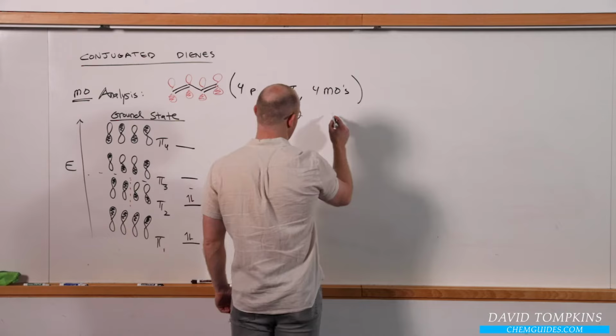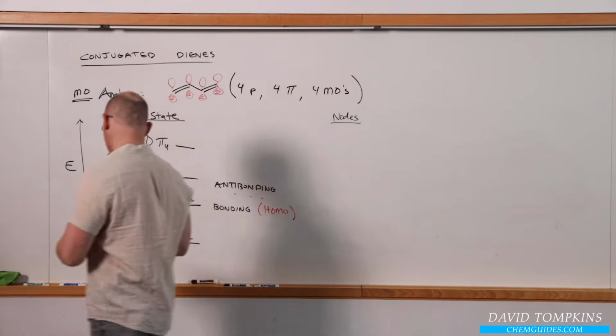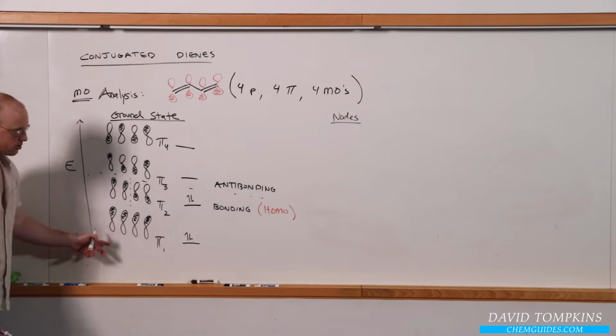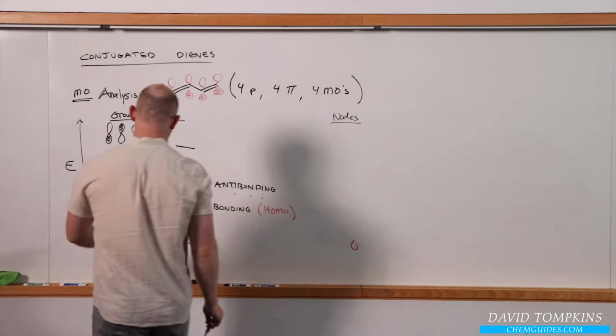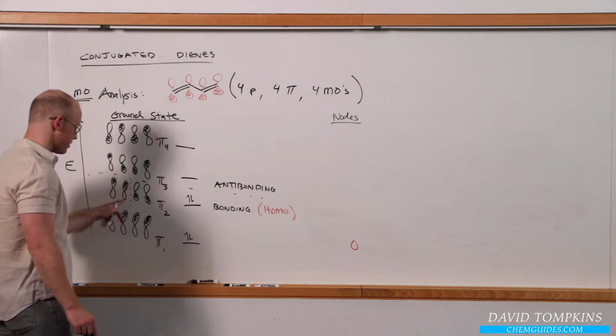So to think about the number of nodes in each of these, you just draw a dotted line for every time the phasing doesn't agree. The lowest energy orbital has 0 nodes, while pi2, we said, has a single one in the center between C2 and C3.